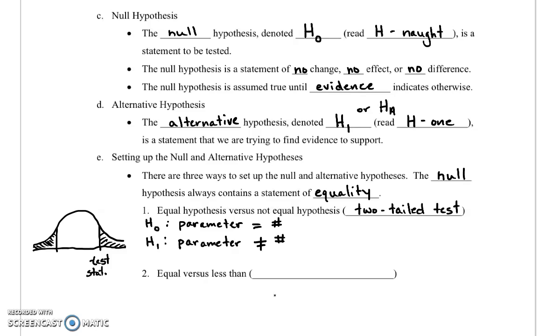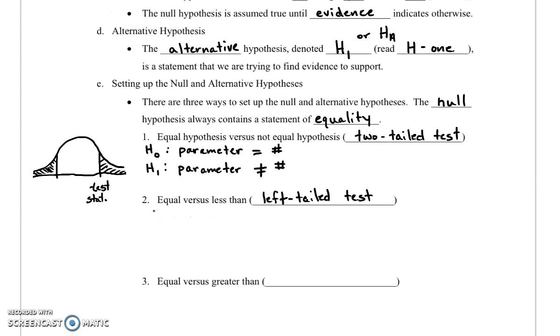The second option is equal versus less than. So this is a left-tailed test. And for this one, H naught is still the parameter equals, because it's always equal, some number, and H1 is the parameter is less than that number.